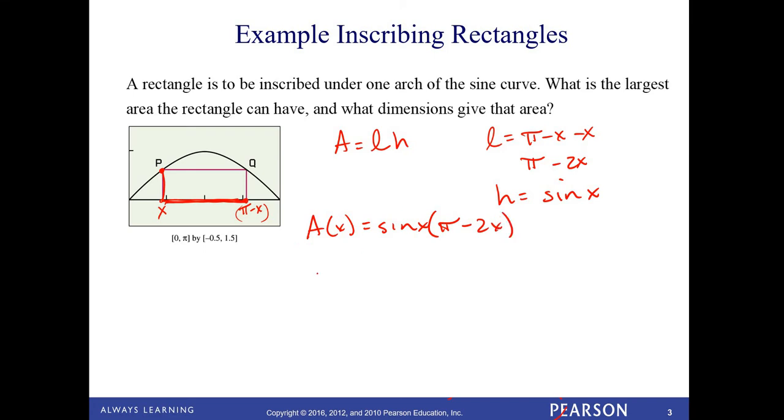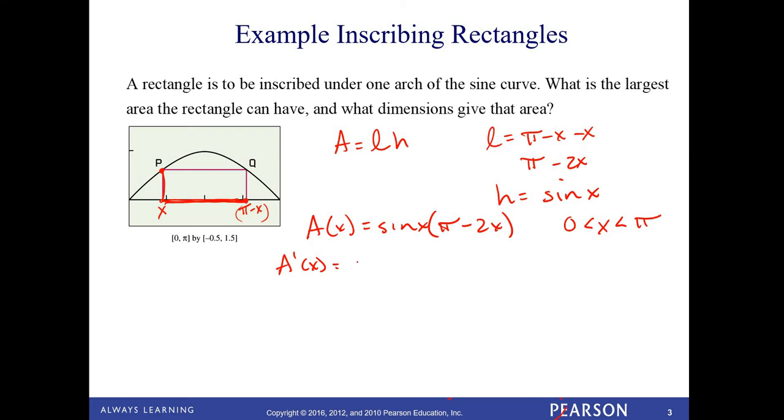I want that area to be maximized. Anytime I maximize something, I am going to be doing the derivative. So first of all, my domain for x, should have done this first, is less than pi but greater than 0. So solving for A prime, I'm going to be using my product rule.